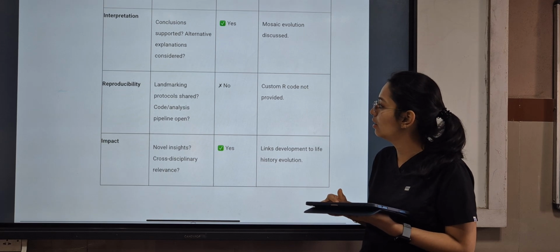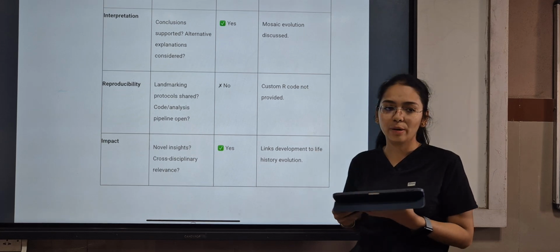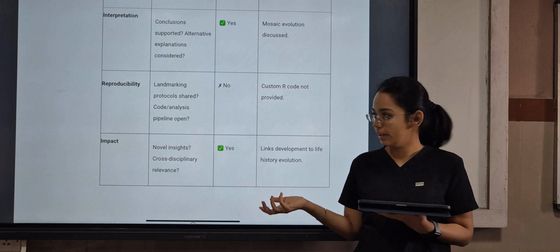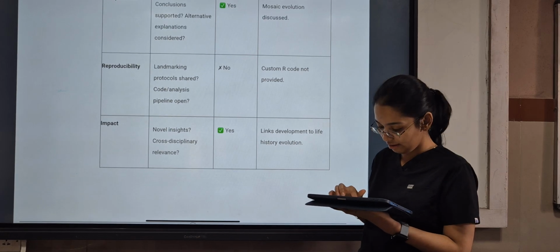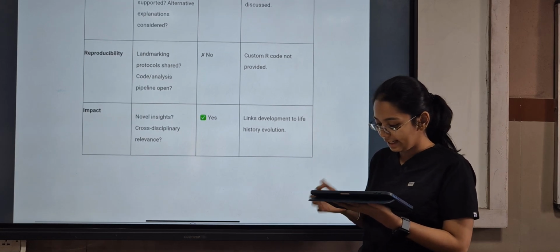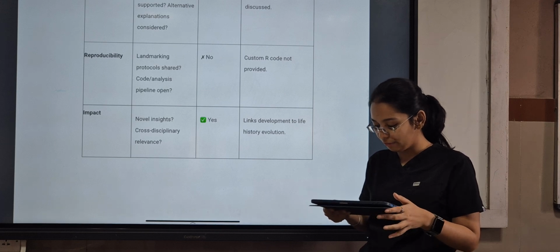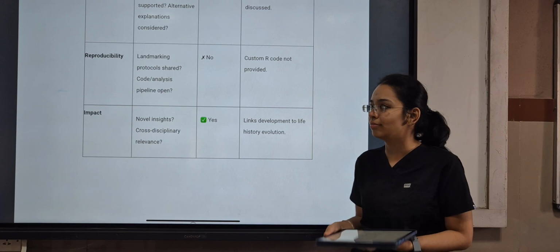Interpretation was well discussed. Custom R code was not provided, so this study cannot be reproduced. And yes, this study linked development to life history evolution. Thank you.